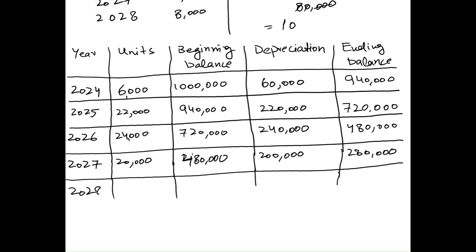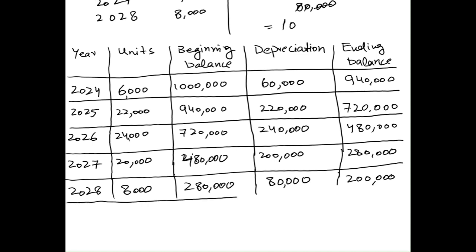In 2028, the number of units to be produced is 8,000. Beginning balance is 280,000. The depreciation, again, 10 times 8,000 will be 80,000, and then the ending balance will be $200,000, which again is equal to the residual value of the asset.